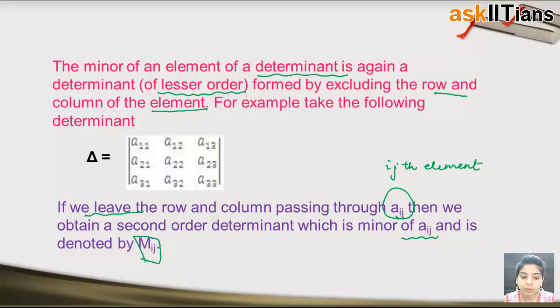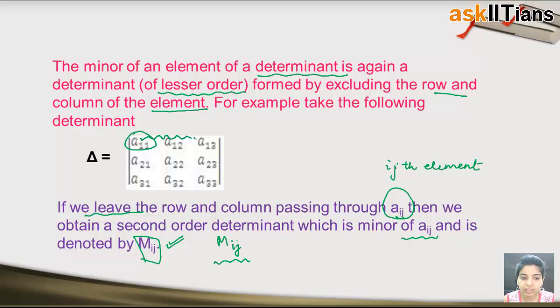So how do we denote the minor? We denote it by this symbol Mij, capital M subscript ij, which denotes the minor of the ijth element. So what is it exactly saying? Suppose I take this element a11 and I wish to find out its minor.